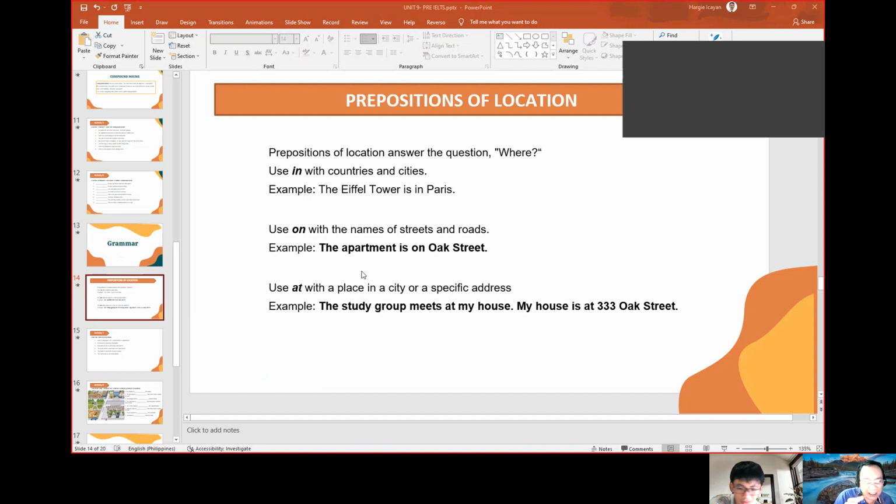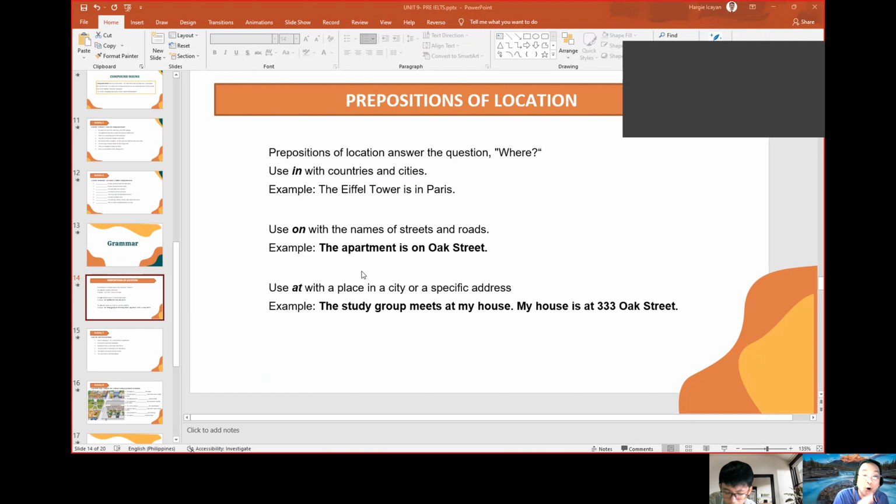If we are just talking about a street, let's say for example, 187 Minh Street, that is a street, so that is on. Or if we are talking about roads, let's say for example, 187 Feliza Road.